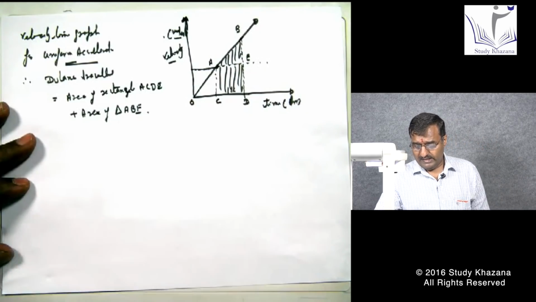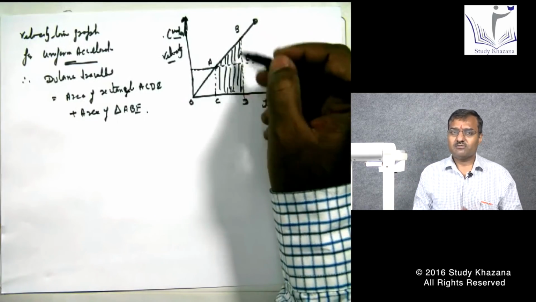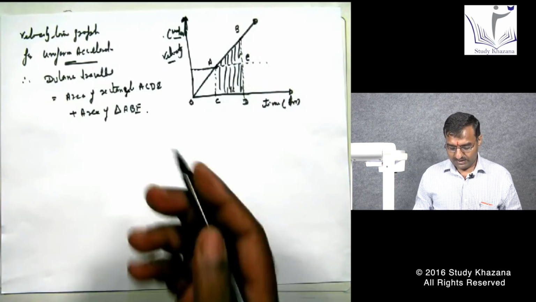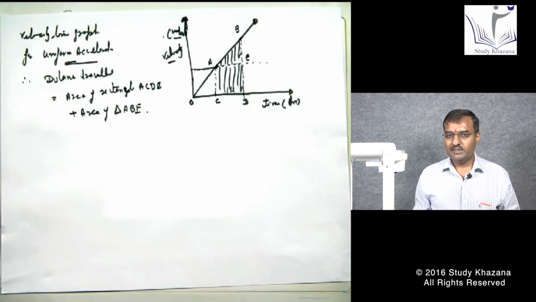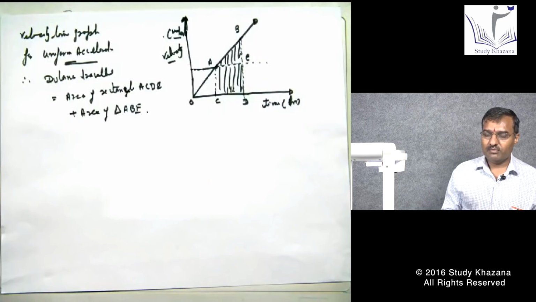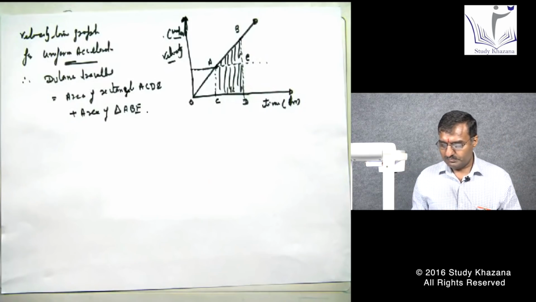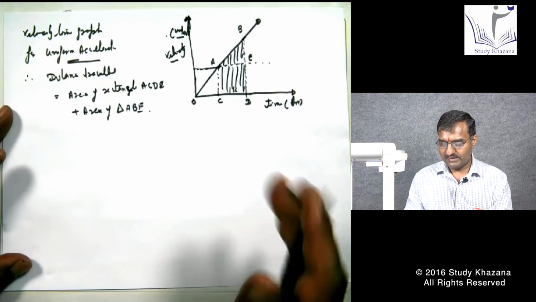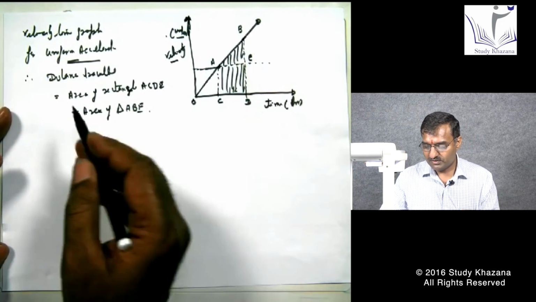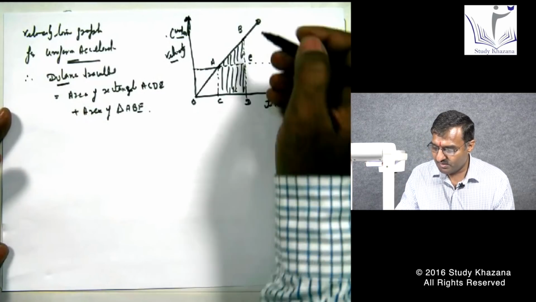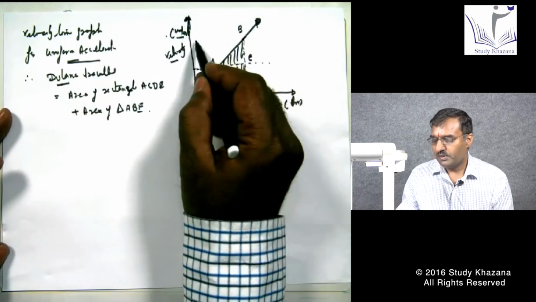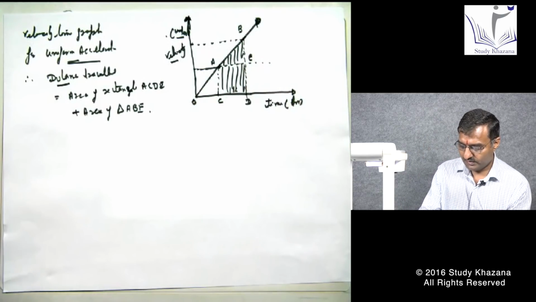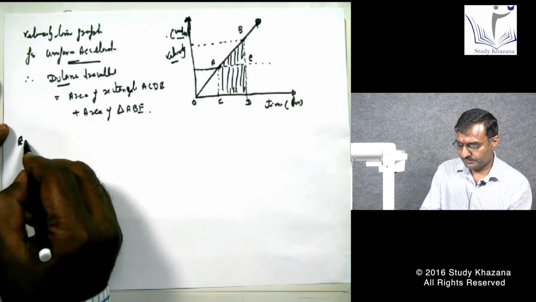So the area gives the distance or displacement, either in the case of a velocity time graph with uniform acceleration or a velocity time graph in the case of uniform motion. It means we can use the graph to calculate the distance traveled. The same concept we use to derive the equations of motion. So next comes the equations of motion.